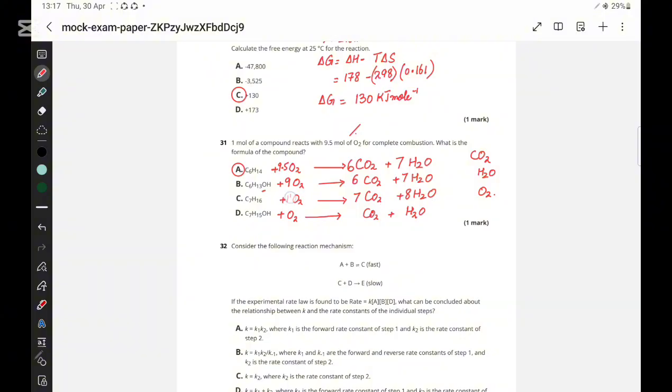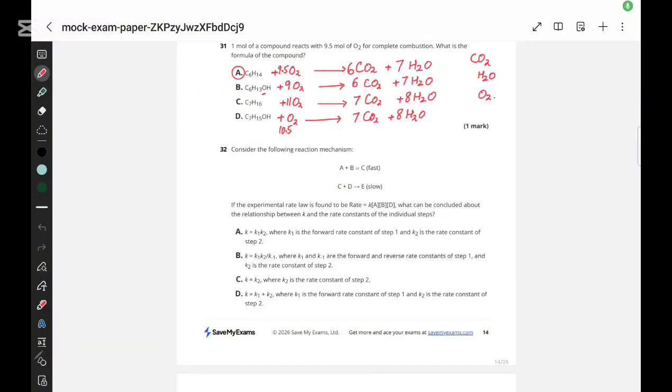One oxygen is already there, so we have to subtract that one. So that comes out to be 10.5, because we have to balance only 21 oxygen.